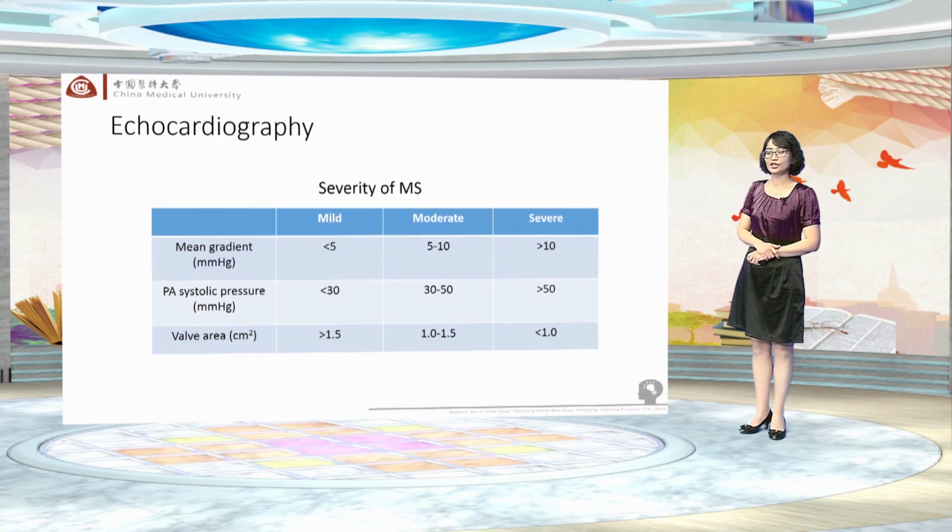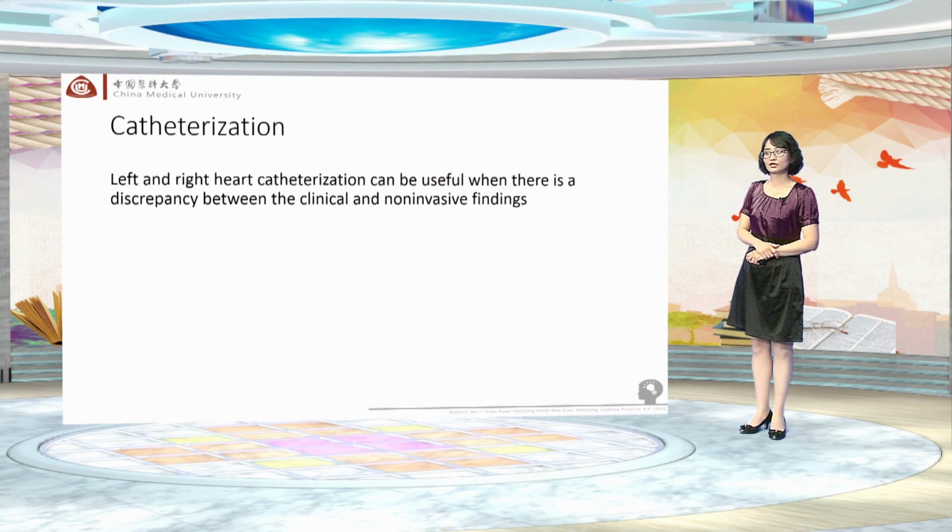If the valve area is lower than 1 square centimeter, it is a severe MS. Sometimes we will use a catheterization method. The left and right heart catheterization is useful when there is a discrepancy between the clinical and non-invasive findings.